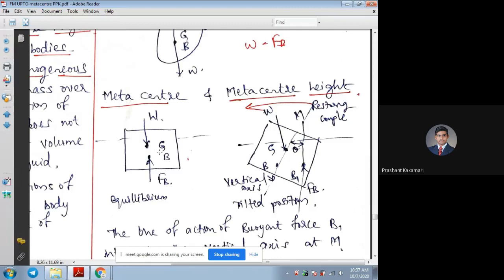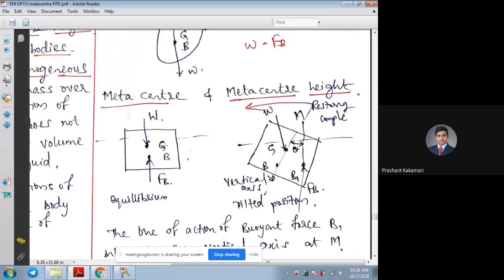So as per our consideration, this body is now in unstable equilibrium. Yes, unstable equilibrium only. Then this GB point you can consider in any type. You can consider either on the same point, or B above and G below also. Depends. But most of the time, for unstable bodies only, we are calculating the metacentric height and metacentres.